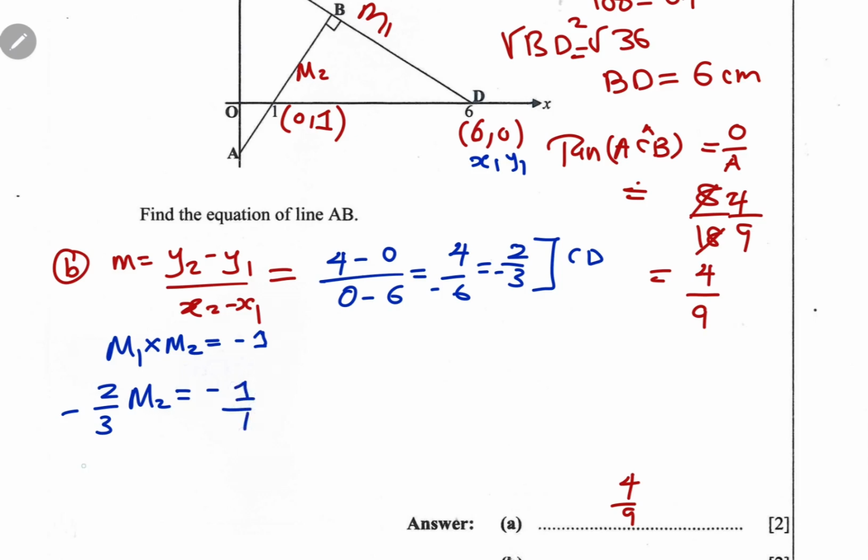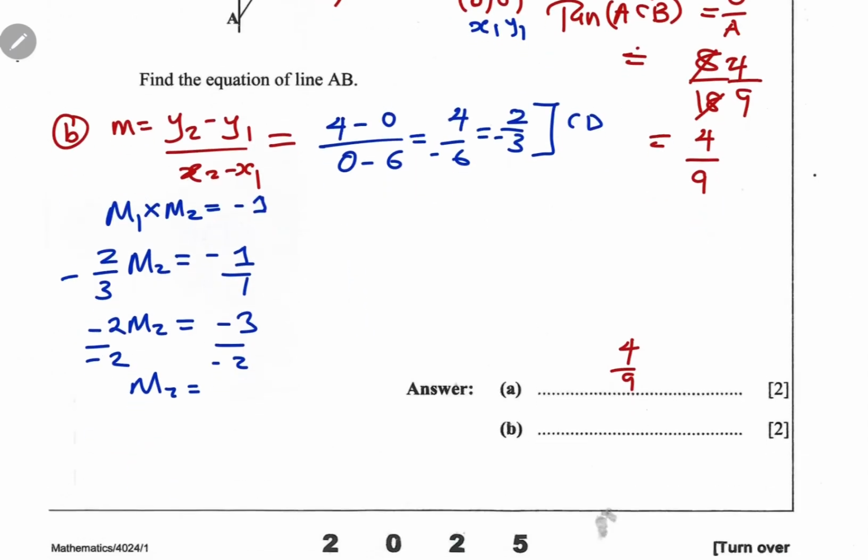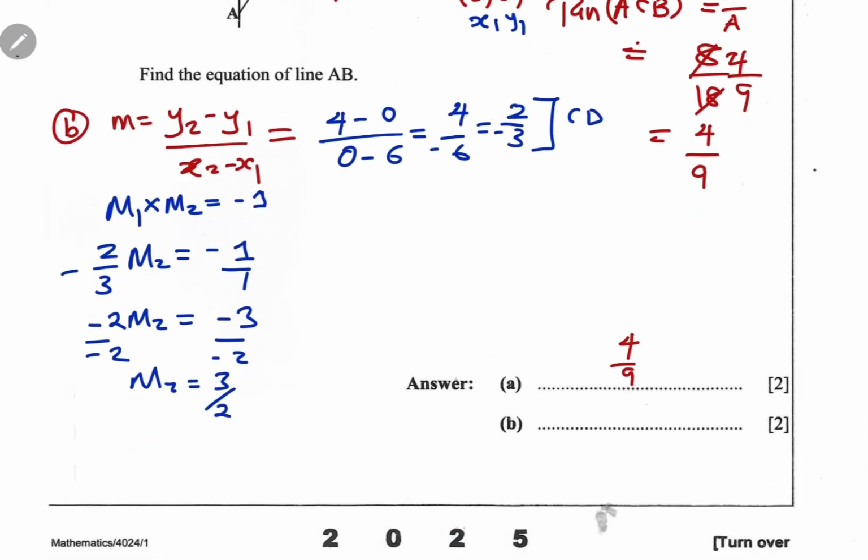So here you cross multiply, you are going to have negative 2m2 is equal to negative 3. Divide by negative 2, divide by negative 2. So gradient 2 is equal to 3 over 2. Just the reciprocal of the other, then the sign changes. So this is the gradient.